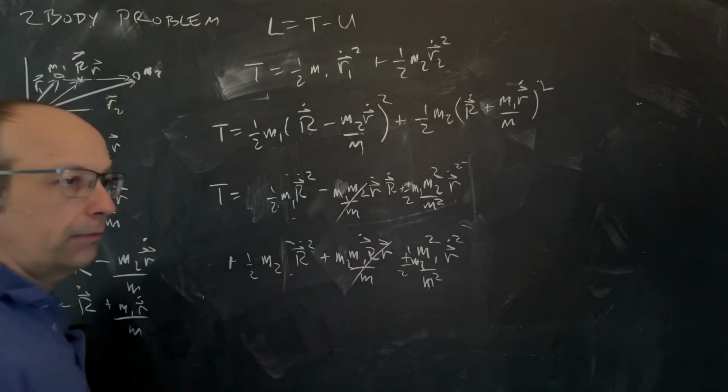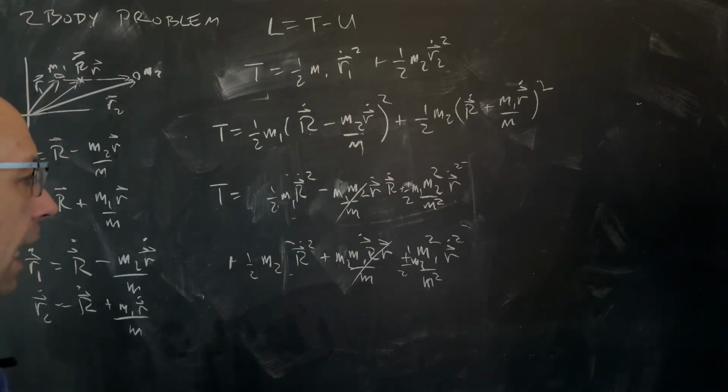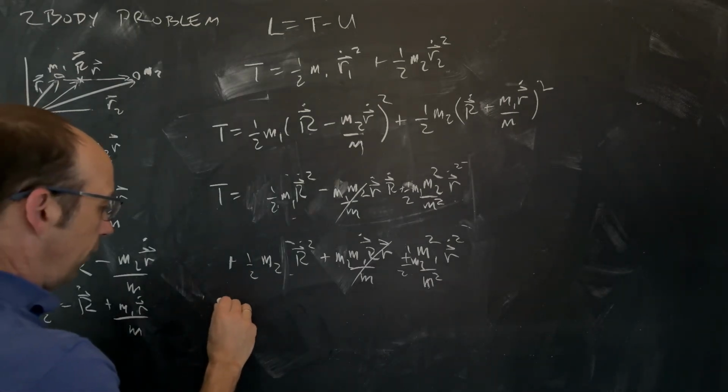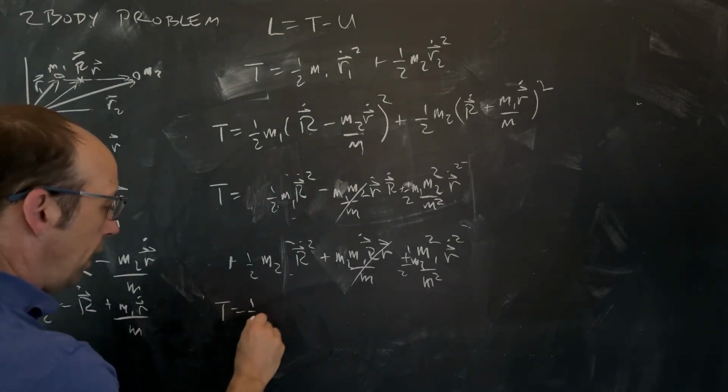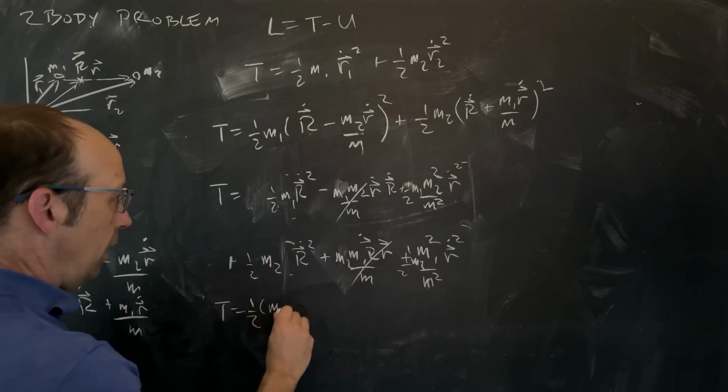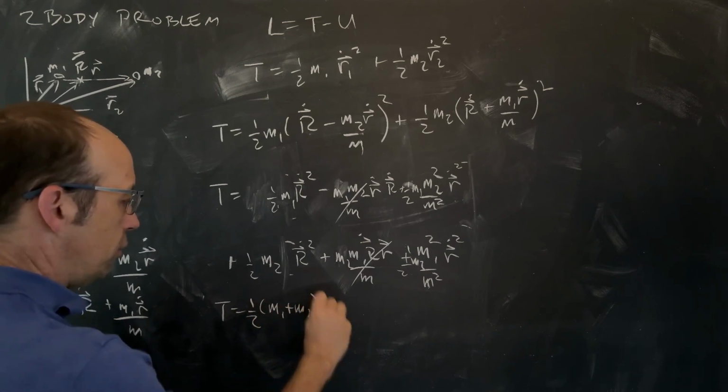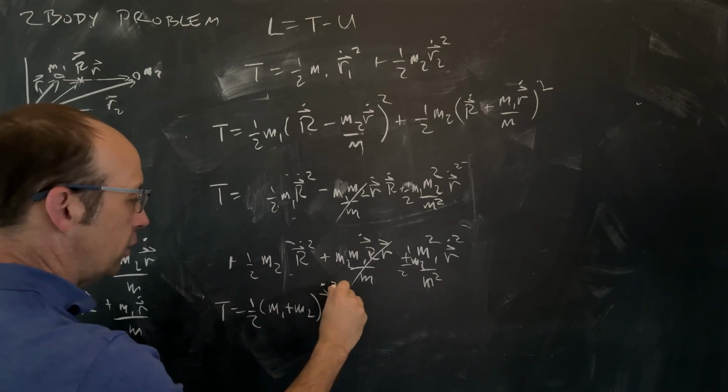Let's get the R terms together. So I have T is 1/2 (m1 plus m2) R dot squared.